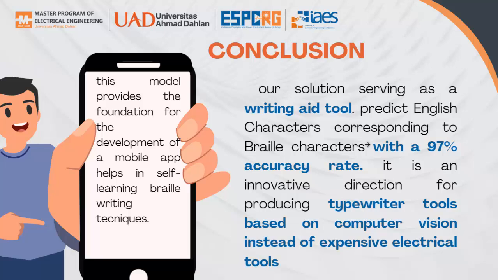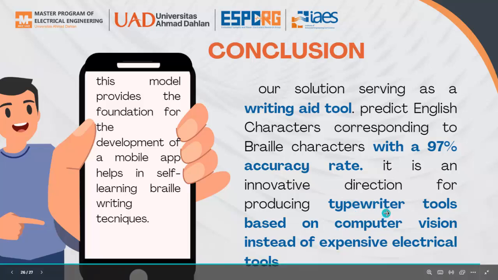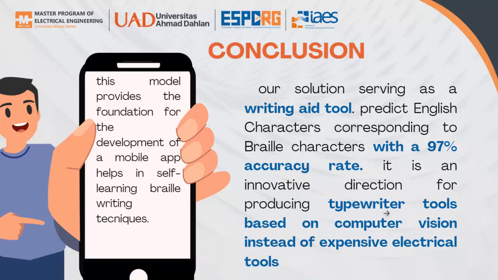Just write with the device, and there is a correction by voice and pronouncing voice. If you write it correctly, it's okay. If it's wrong, you will try again. This is a new direction for typewriter tools based on computer vision instead of expensive electrical tools.